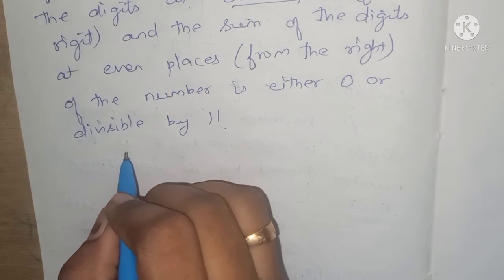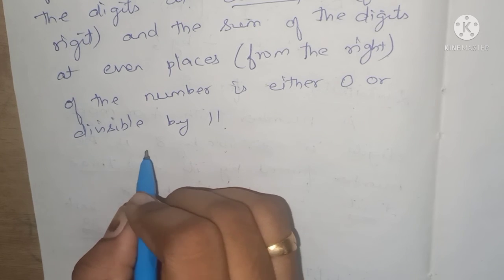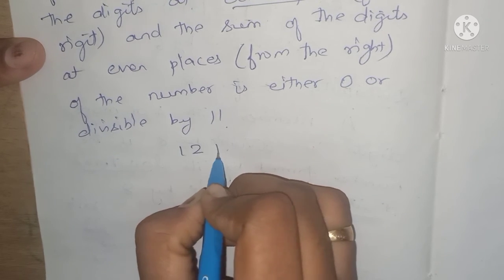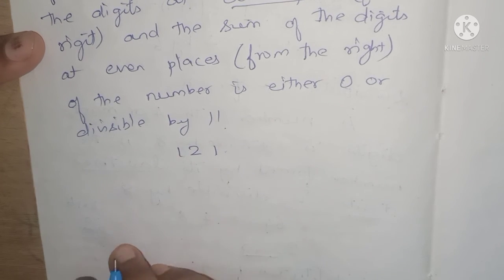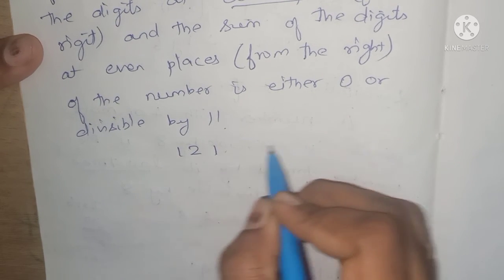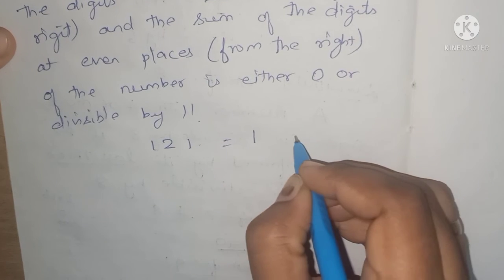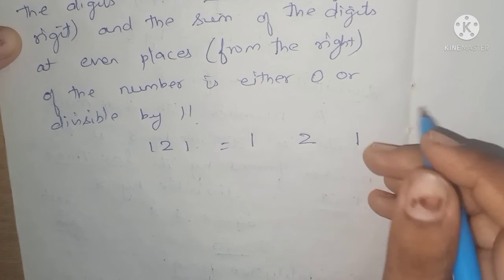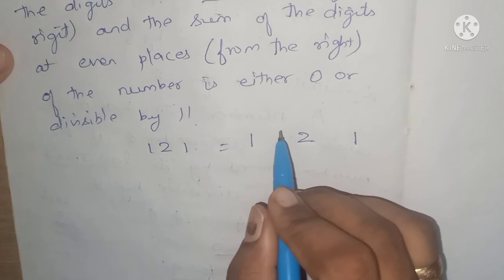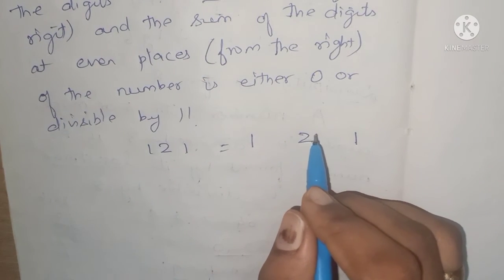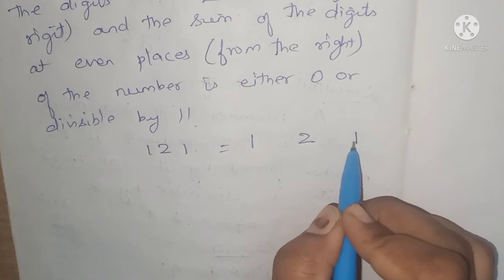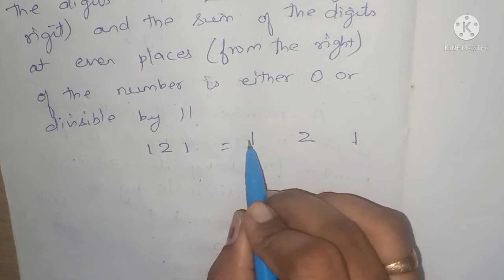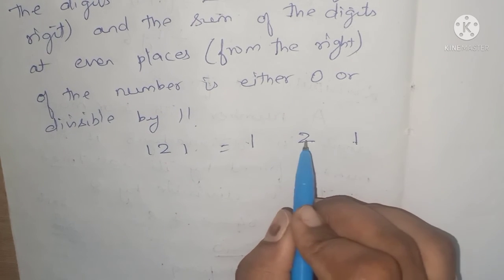For example, if we just consider 121, okay, 121. So let me write separately 1, 2, 1. So what is this place? This is for the sum of the digits of odd places. So this is 1, this is 2, this is 3. From the right we have to count 1, 2, 3.